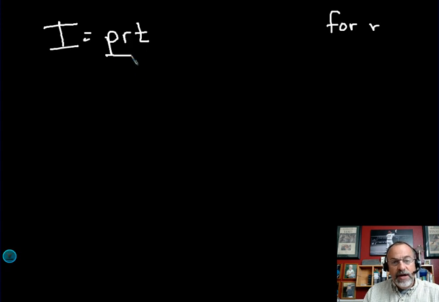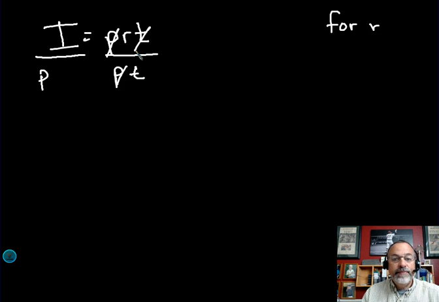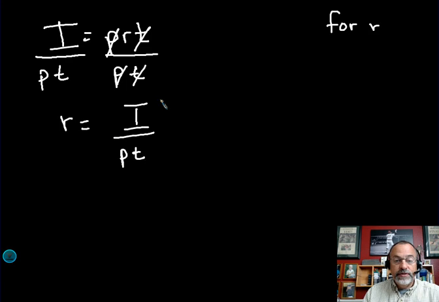So we need to divide by everything that we don't want. So we need to divide by p. The p's reduce, but again, property of equality, have to do it to both sides. And then I go ahead and divide by t, because that takes care of that. Then I have my equation solved for r. R is by itself. R is equal to I divided by p times t. So this would be the equation solved for r.